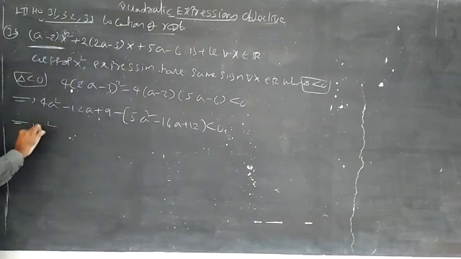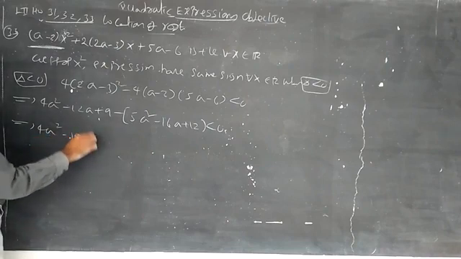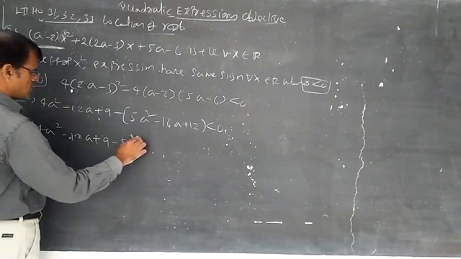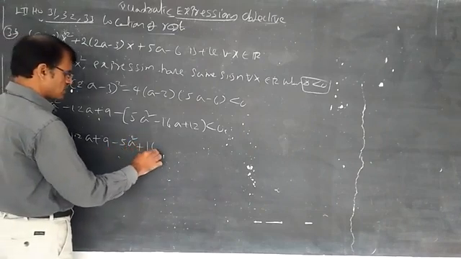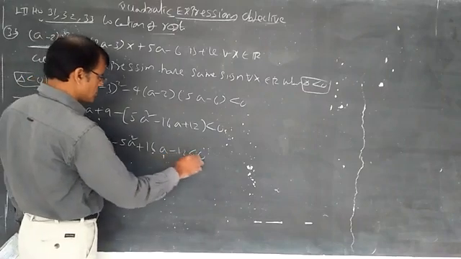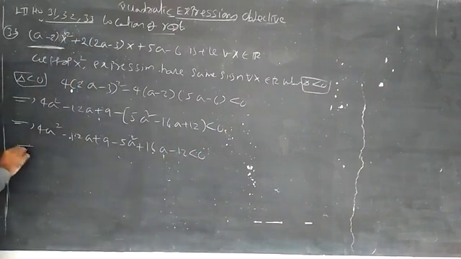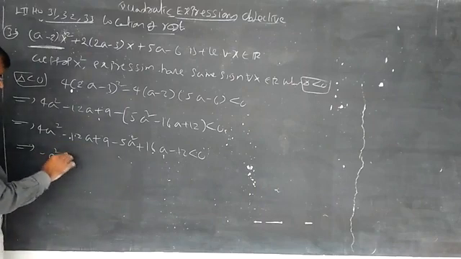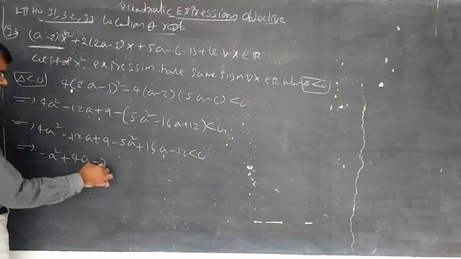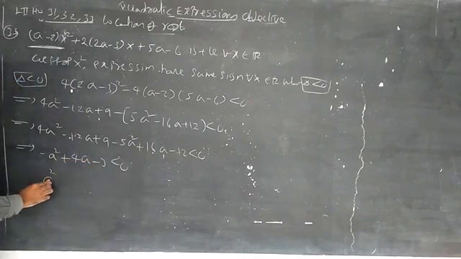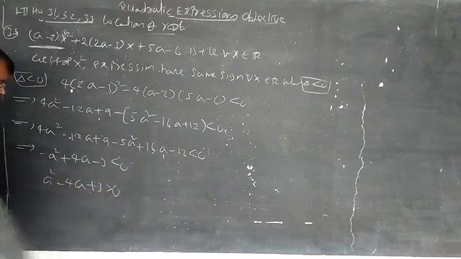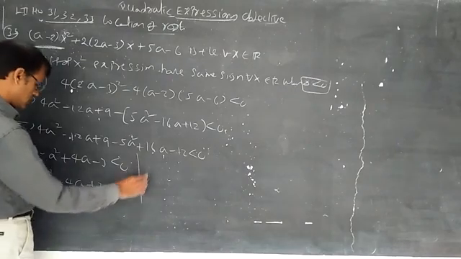That implies 4a square minus 12a plus 9 minus 5a square plus 16a minus 12 less than 0. 4a square minus 5a square becomes minus a square, and this becomes plus 4a minus 3 less than 0. Multiply with minus both sides, you will be getting a square minus 4a plus 3 greater than 0.